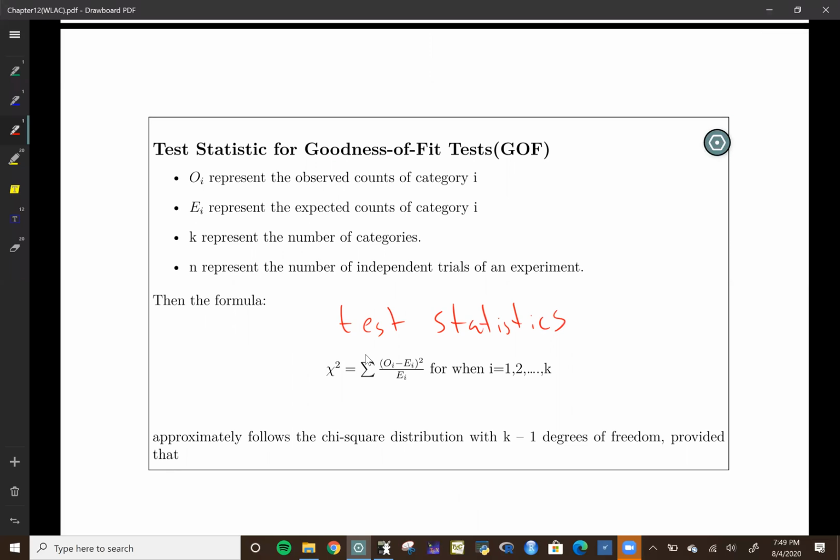In order to find my test statistic, I have to get each observed and expected value. What I have to do is subtract them. Once you subtract them, you square the difference of the two values, and then you divide it by the expected value. Because that's going to tell you roughly that the closer your chi-square value is to 0, the more it's telling you there is no difference.